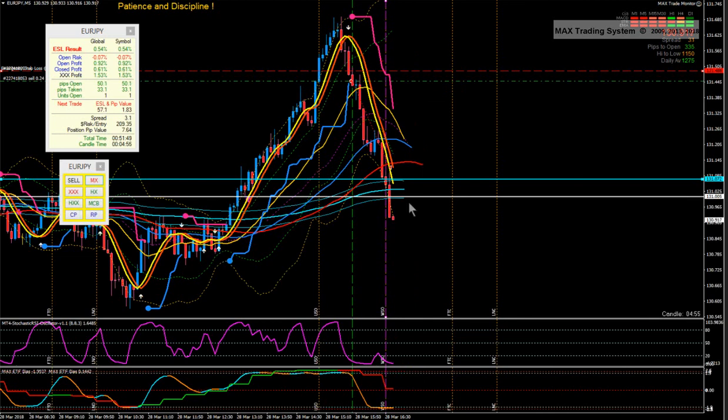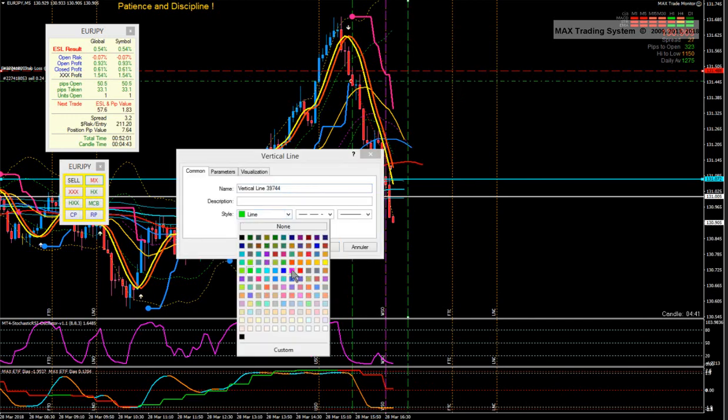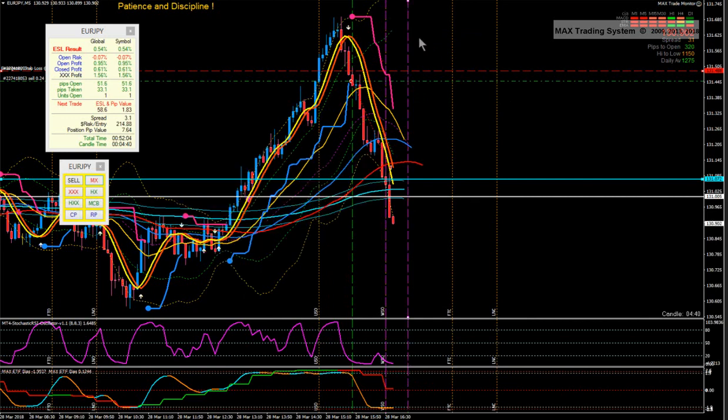And with that candle closing, I can tighten further my stop loss. So in the following way, I will draw another vertical line here, because I want to be sure where I adjust my stop loss. I want to stay above that red line.